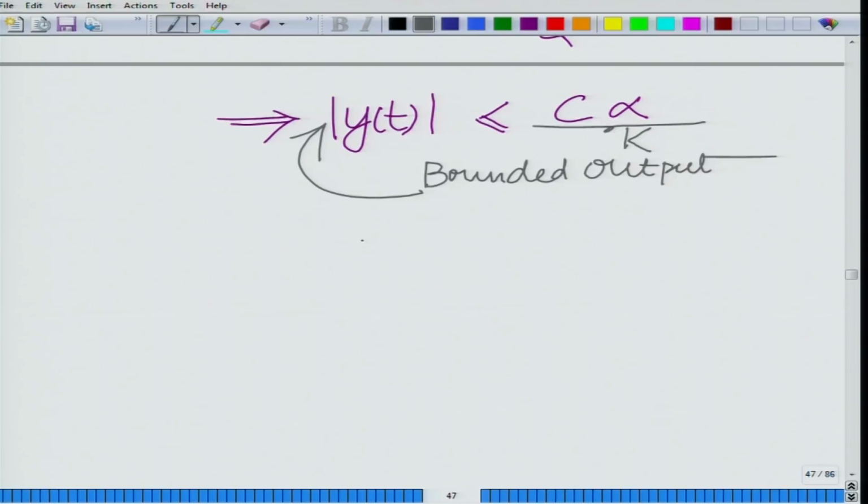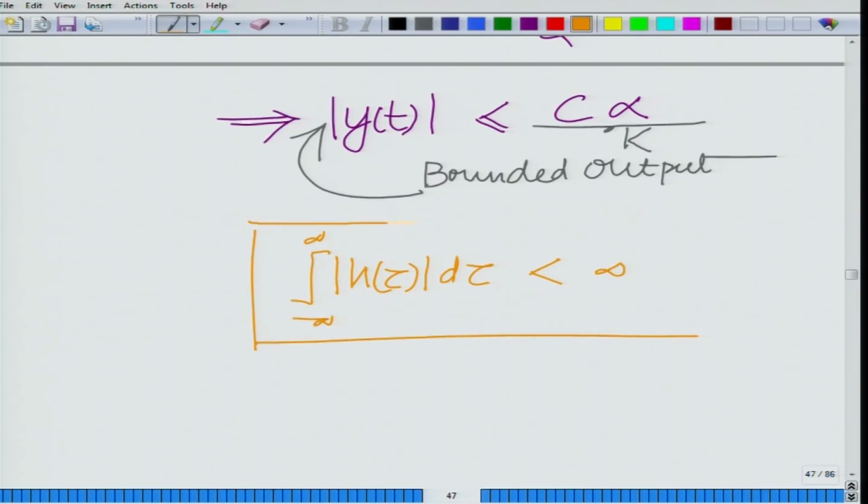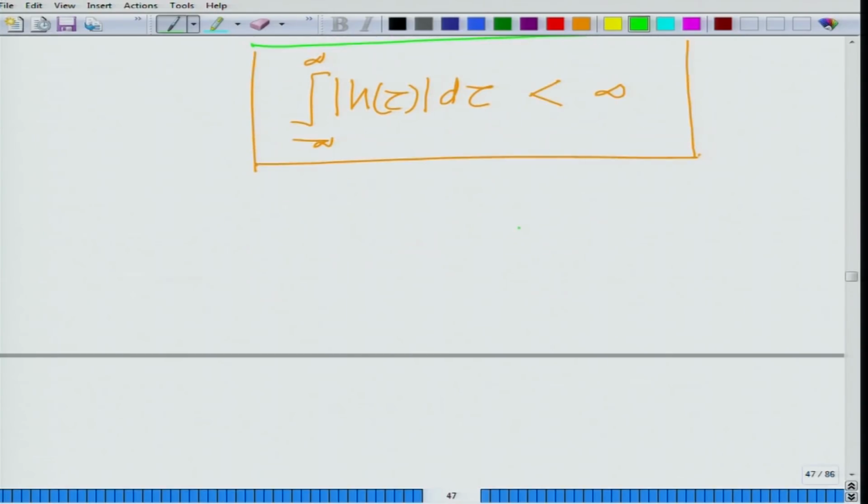So the condition for BIBO stability is as we have derived, this is the condition for an LTI system to be BIBO stable.